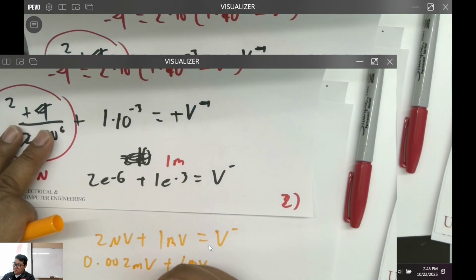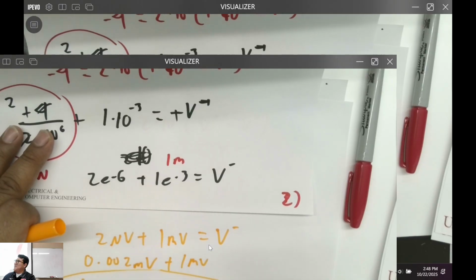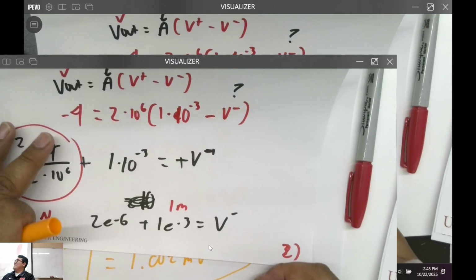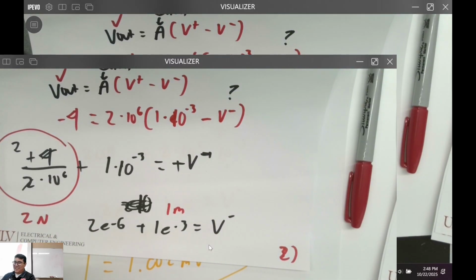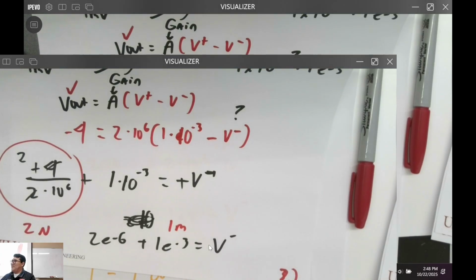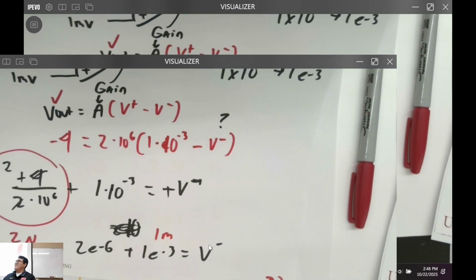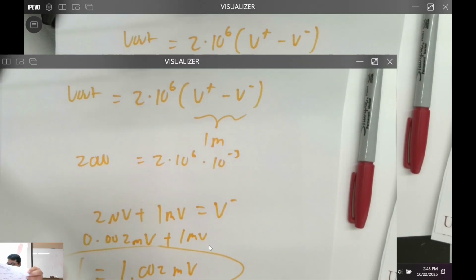What's that equal to? 1.002. Is that the gain? Is that what you guys got? Anyways, you see that gain just threw me off for a little bit, but not that hard, right? Good. Anyways, what's our next problem?